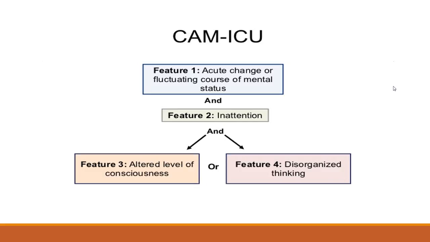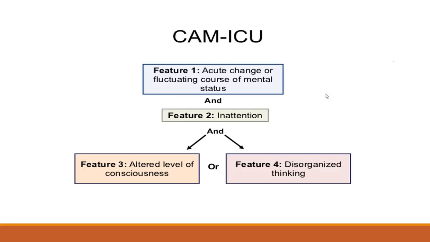And so there are 4 features that basically make up the CAM-ICU. To make the diagnosis, you need to have the first two features present and an additional feature of either 3 or 4. And so they read out as follows: an acute change or fluctuating course of mental status with inattention and either altered level of consciousness or disorganized thinking.